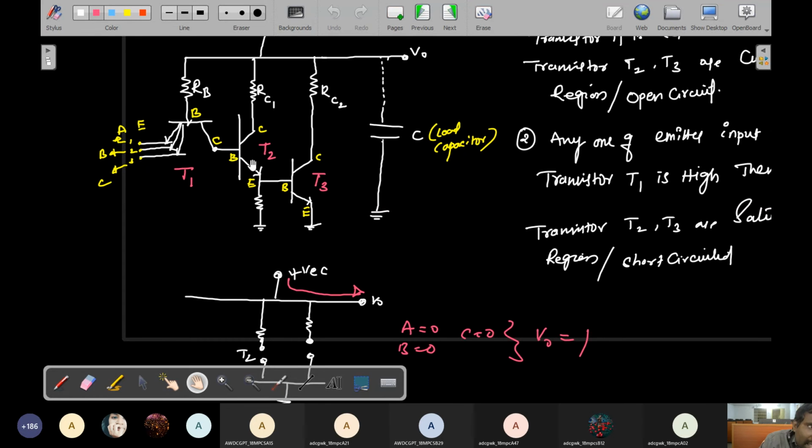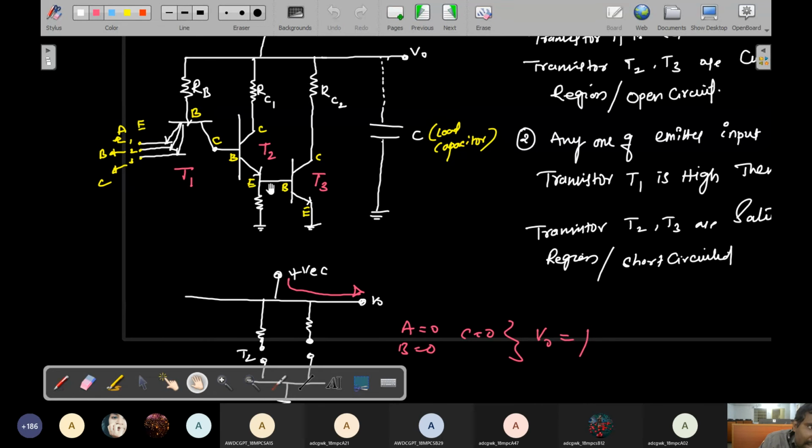So the base of the second transistor takes a high voltage, a high input signal. If the base is connected to a high input signal, this transistor is in on state. Whenever this transistor is on, its emitter is connected to the third transistor, so obviously it is also activated, because the emitter is high right now.